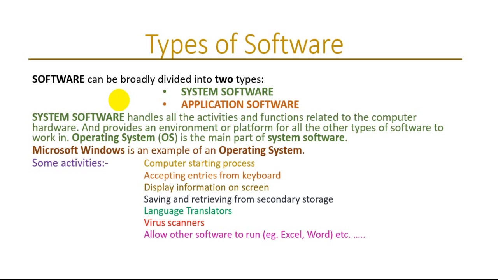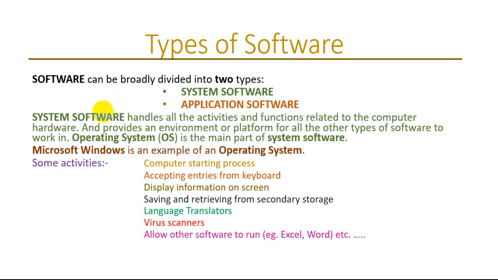Who is allowing you to do that? System software. Because of the system software only, you are able to run Excel, then finish it and exit from that, then go to Word, run that, work with Word, then exit and go to something else. This environment facility is made possible by the system software.